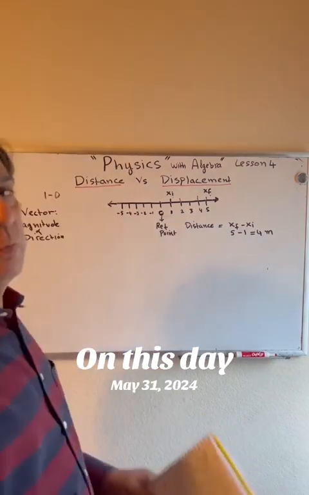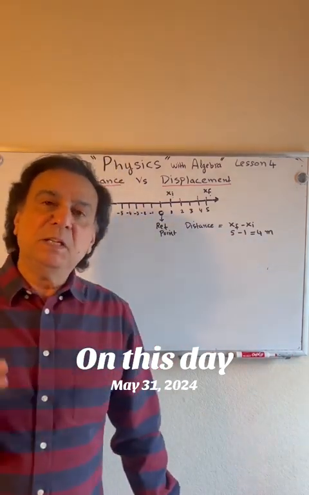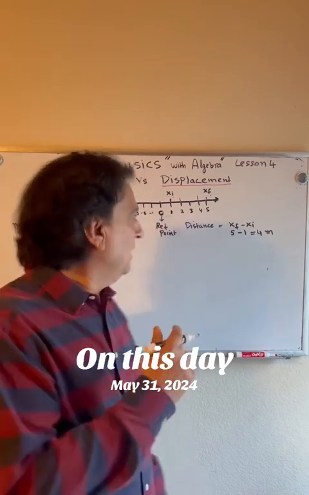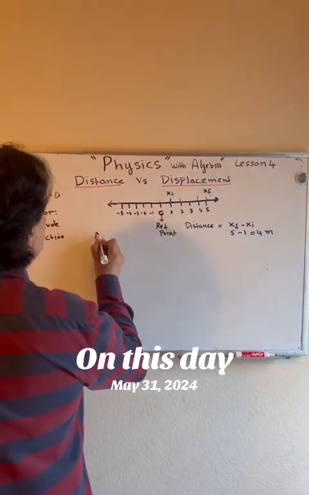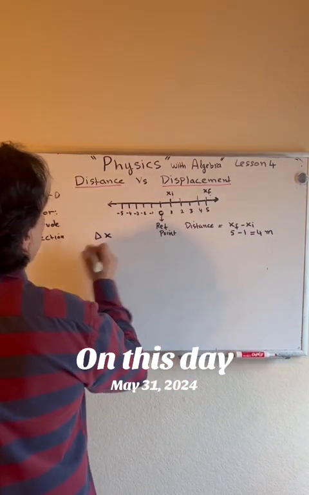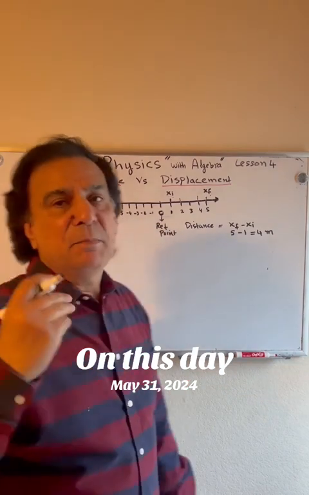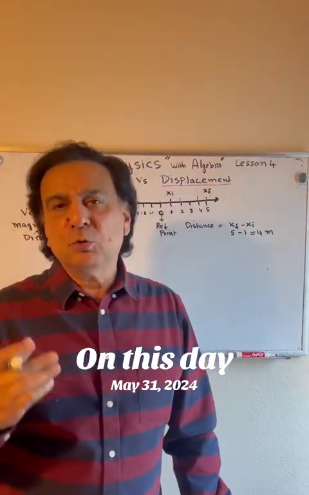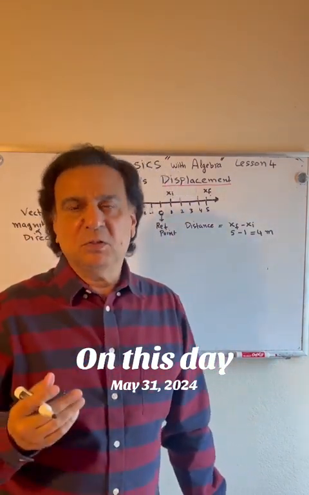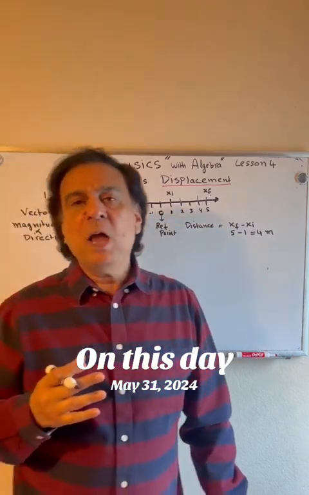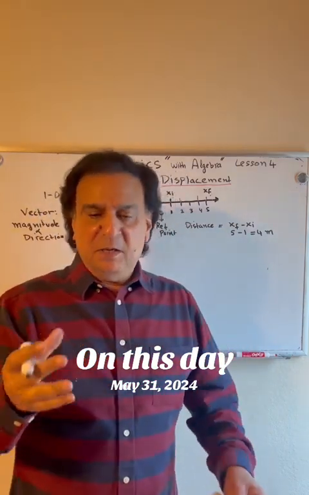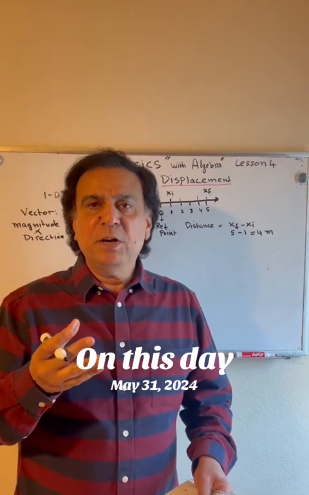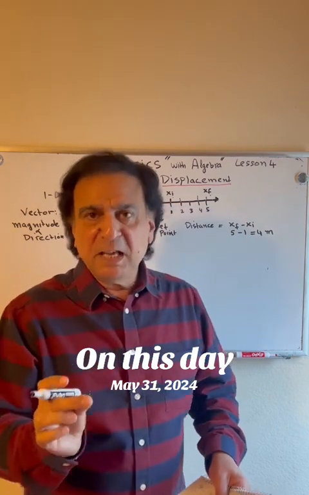So what is displacement? Displacement is change. It's known as delta x, which is a Greek word, and delta means change when it comes to calculus, when it comes to physics. For example, you have water in a pan, okay? You put it under your stove and you turn the gas on.